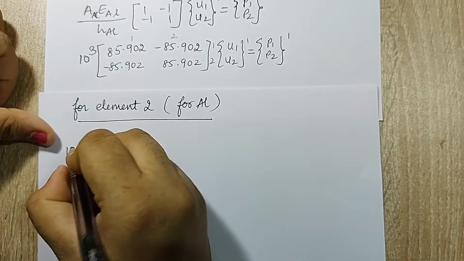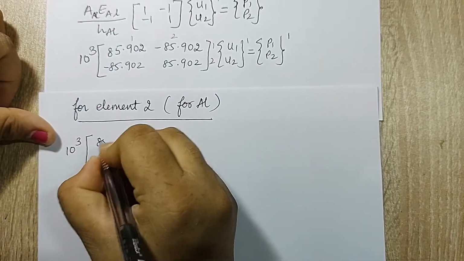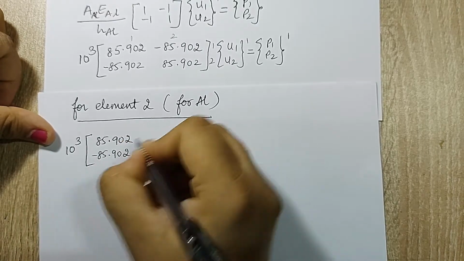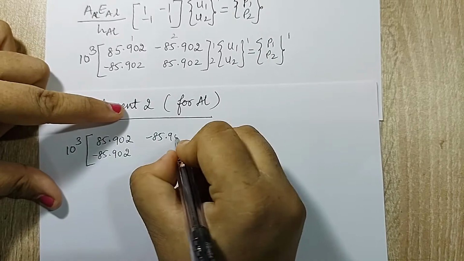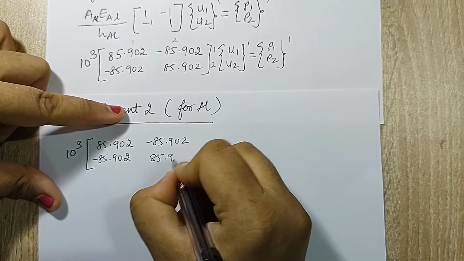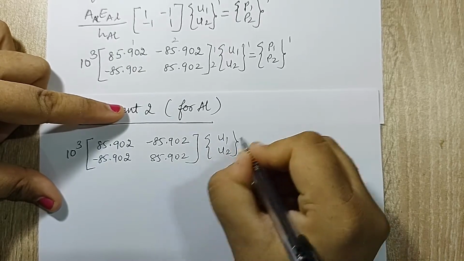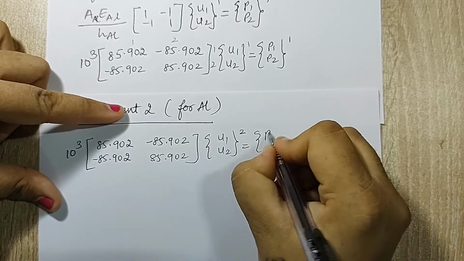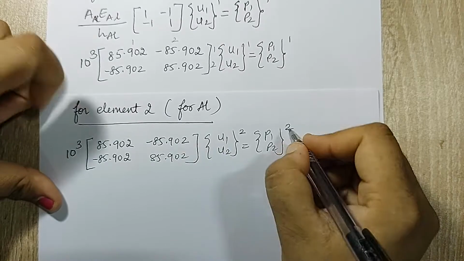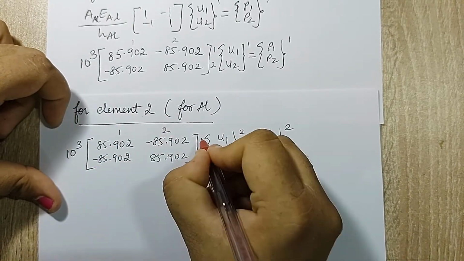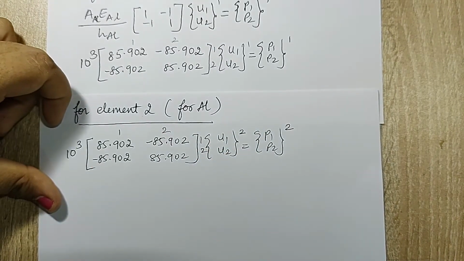The same thing I'm going to just note down again. Just make sure here I write U1, U2 raised to 2 and P1, P2 raised to 2. Element 2 is between node 1, 2, 1, 2 again.